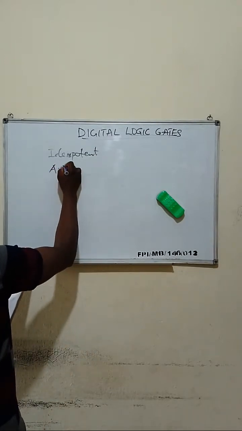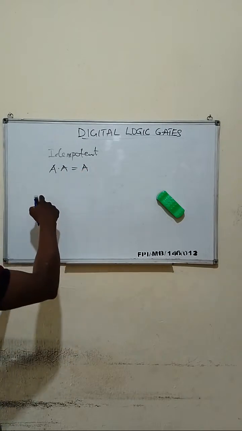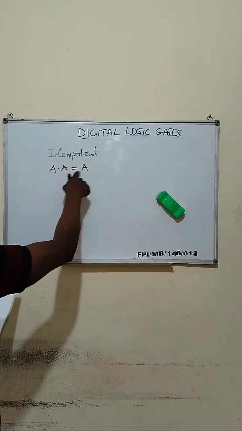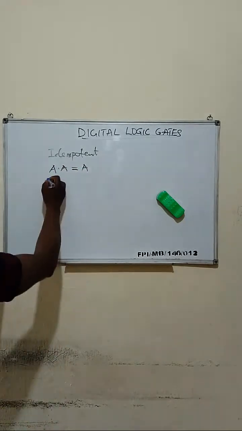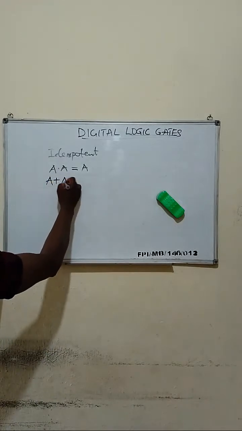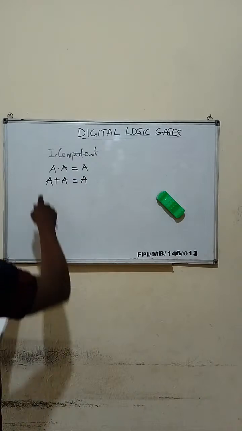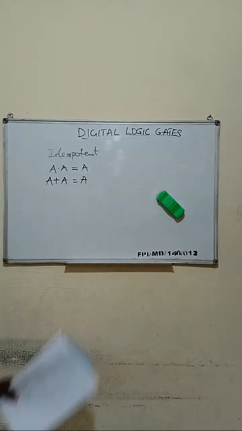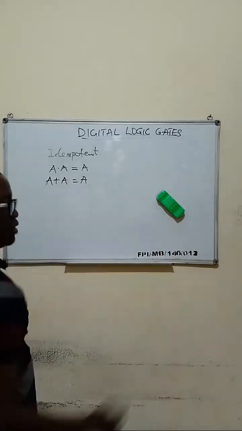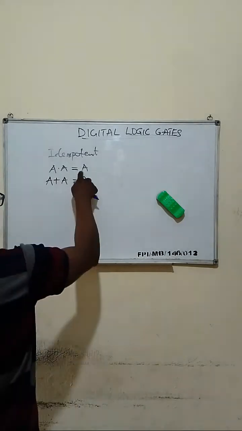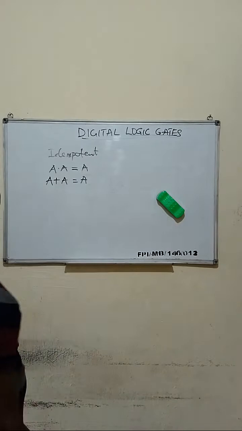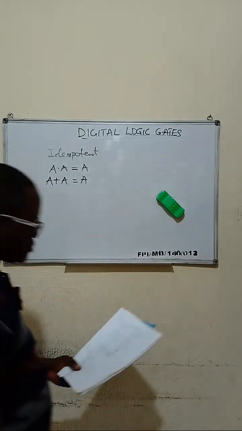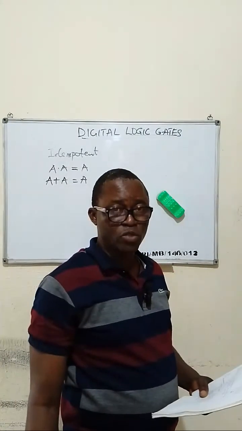It tells us that A dot A equals A. That is to say, A logic AND with another A will give us output A. And also, A plus A gives A. That is, A OR A gives output A. So when you have A dot A in a written expression, represent the term as ordinary A. Likewise, if you have A plus A, represent the result as ordinary A. That is the idempotent law.